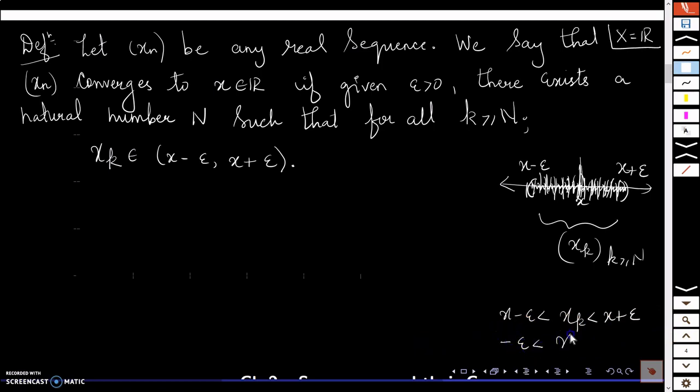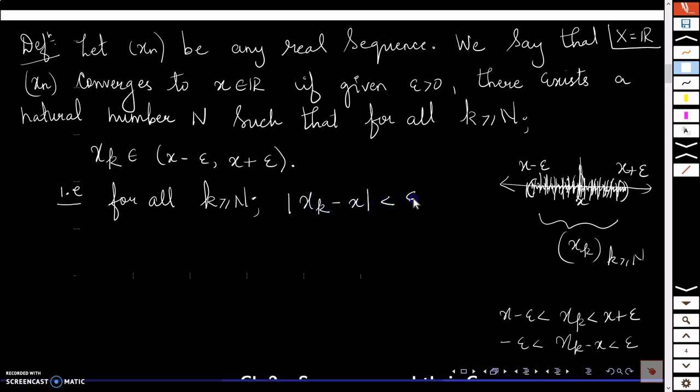Minus epsilon is less than xk minus x, and that is less than epsilon, and that is the same as saying modulus of xk minus x is less than epsilon by the properties of absolute values, right? This property we are using every now and then, if you see. Okay, so what it says is, for all k bigger than or equal to n, xk belongs to this interval means modulus of xk minus x must be less than epsilon.